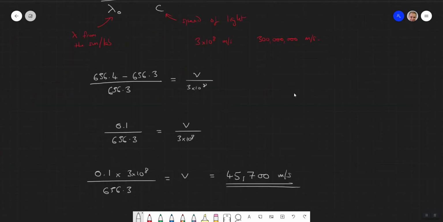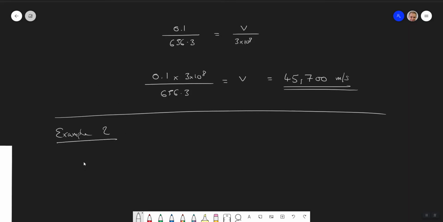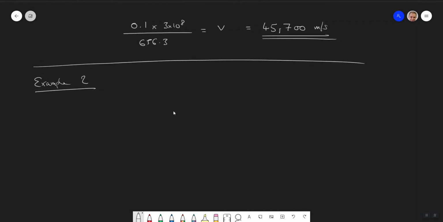So let's do another example. Example 2: a star, and let's say it's going to move towards us. Okay, 90 kilometers per second.